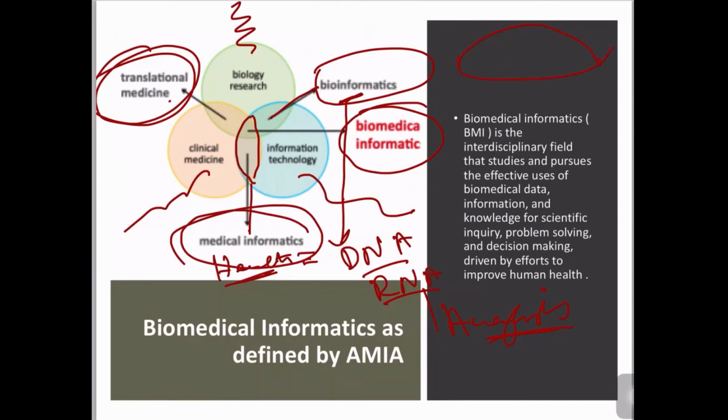So we can put health informatics as the umbrella, then medical informatics comes underneath, and bioinformatics and translational medicine come under that umbrella. And AMIA is the American Medical Informatics Association. AMIA is one of the associations that you should know. At the end of this chapter, I will introduce you to a lot of the organizations operating in the US relating to health informatics.